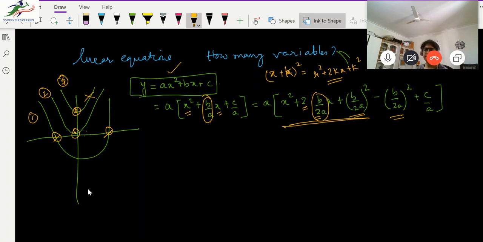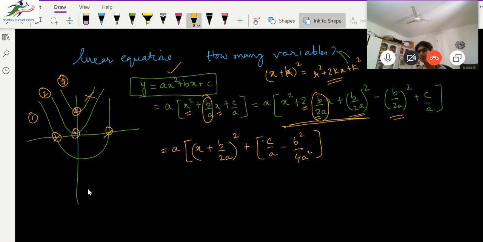Clear? So therefore I can write this as x plus b by 2a whole square plus c by a minus b square by 4a square.